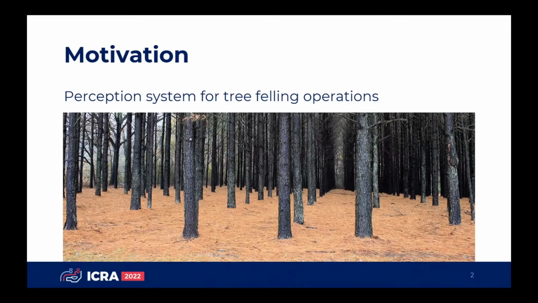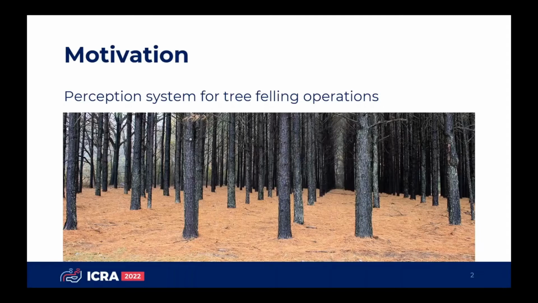So initially, we planned a perception system capable of detecting trees for autonomous tree felling operation. The system will detect the trees along with the estimated felling cut. This system will be based on a deep learning algorithm, which is a data-centric approach that requires a sufficient number of annotated images to learn from.